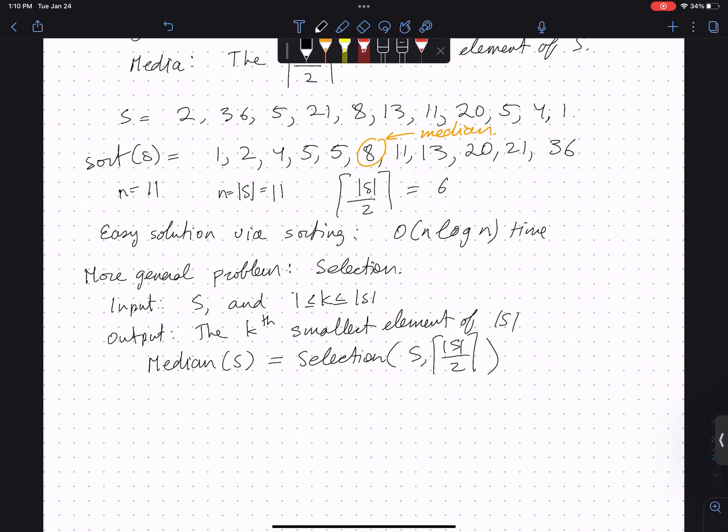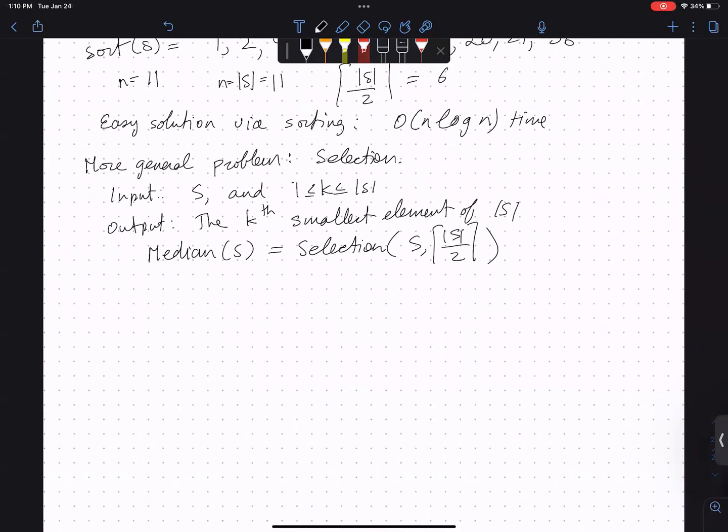Okay, so let's try to do this with a divide and conquer approach. The basic idea is that we want to partition the input around some element V, and we'll talk about how to select that element.